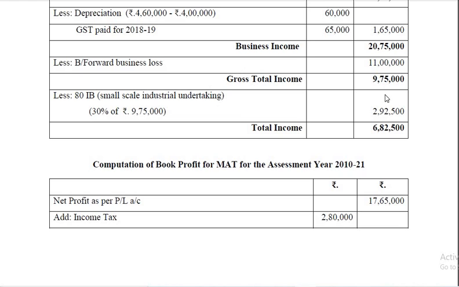Business income and gross total income here are one and the same. So 20 lakh 75,000 minus 11 lakh. So business income is also 9 lakh 75,000 and the gross total income is also 9 lakh 75,000. So of that 30% is 2 lakh 92,500. So what you get is 6 lakh 82,500. So this is the total income.